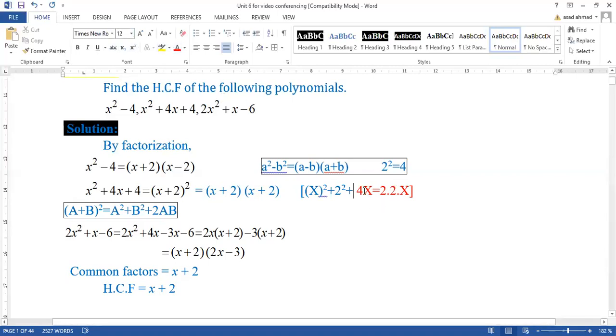If I just remove it, this whole part will become equal to x plus 2 and its whole square.